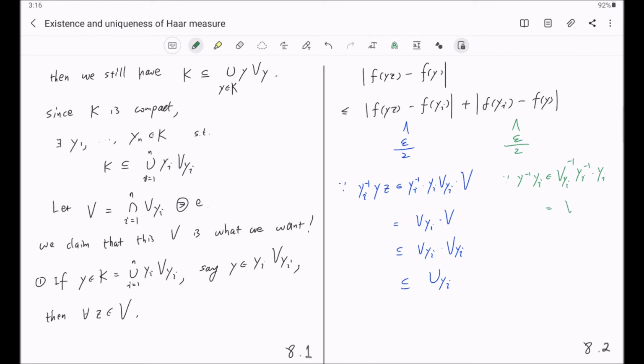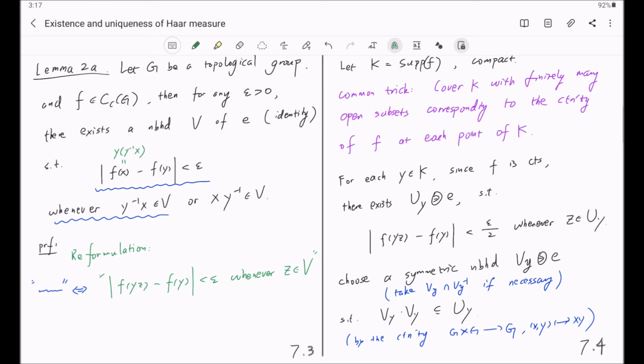They cancel out, and what is left is v sub yi inverse. But at the beginning, we took v sub yi to be a symmetric set. So this inverse is the same as just v sub yi. And again, this is contained in u sub yi.